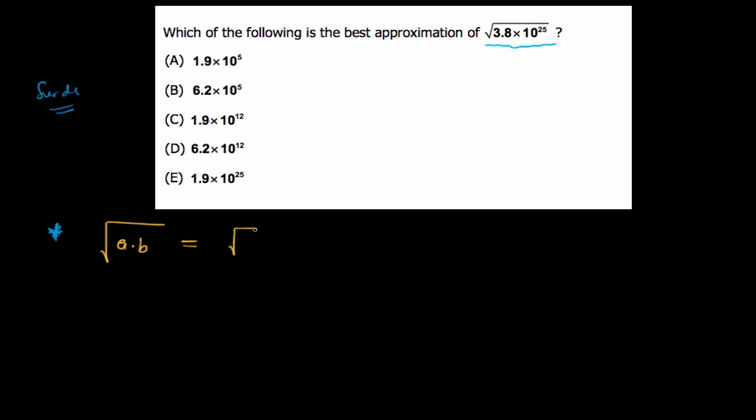That is, the root of a times b is the same thing as the root of a times the root of b. So anytime you're told to find the square root of the product of two numbers, it is equal to the product of the square roots of those two numbers. You can share the root sign amongst the two of them.